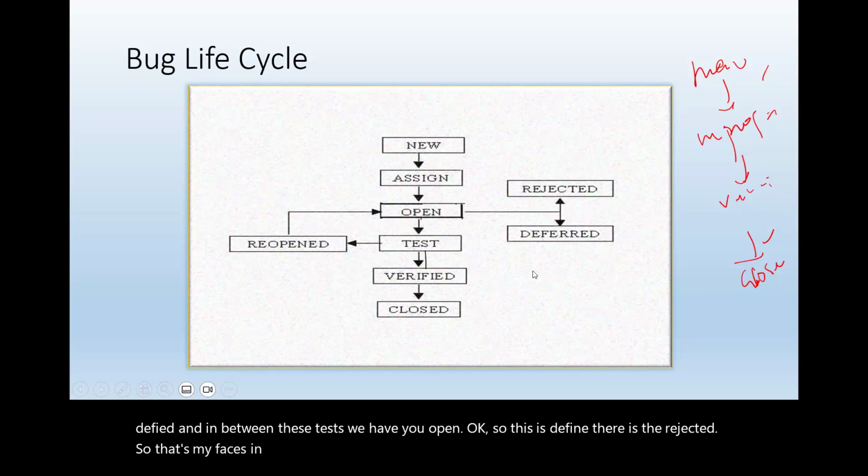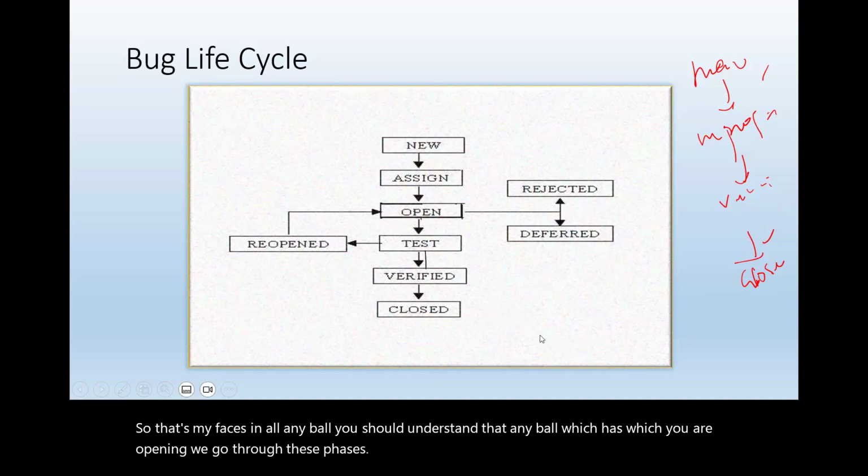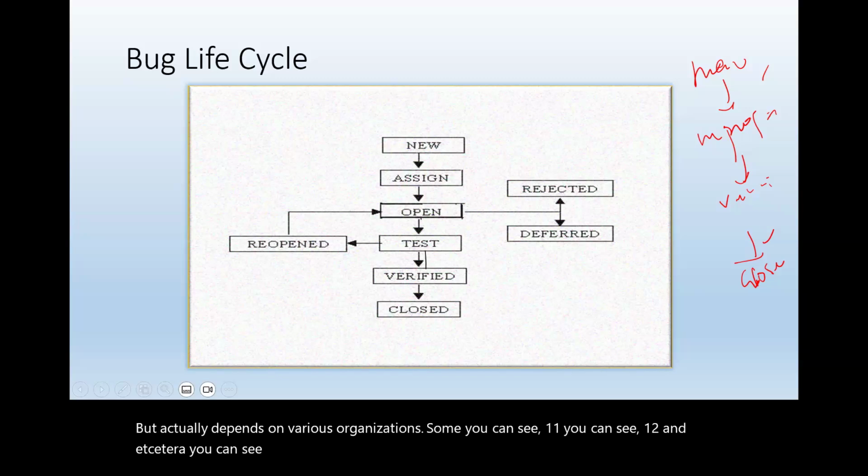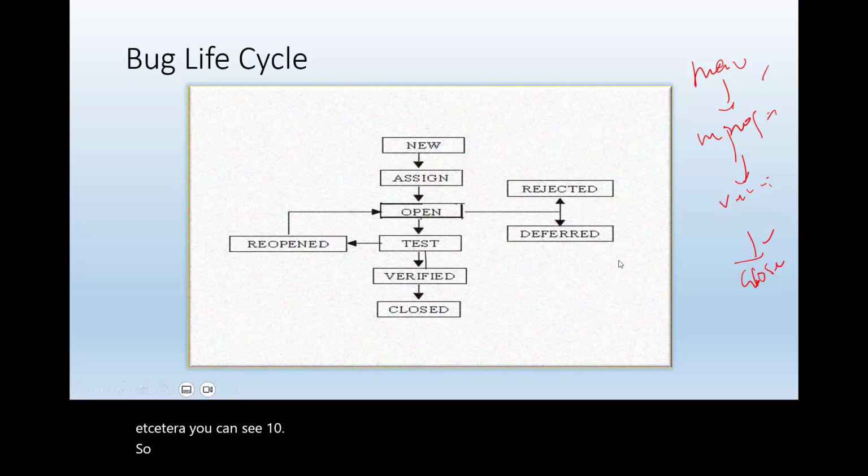Any bug you open should go through these phases. But it actually depends on various organizations. Some have 10, 11, 12, and so on. Some organizations made it simple, so it only has 5 phases. Some have only 6, some only 7.